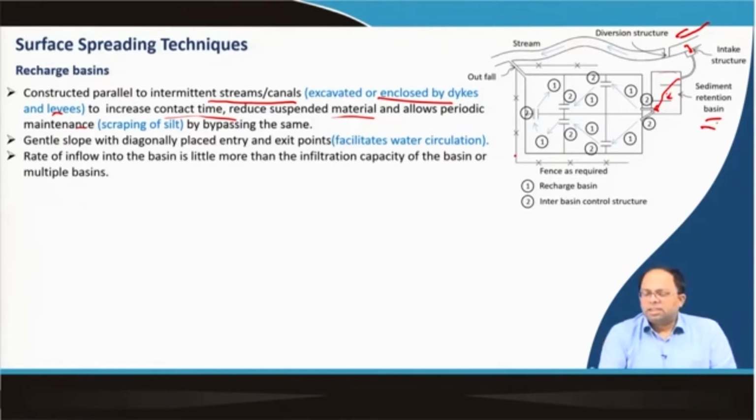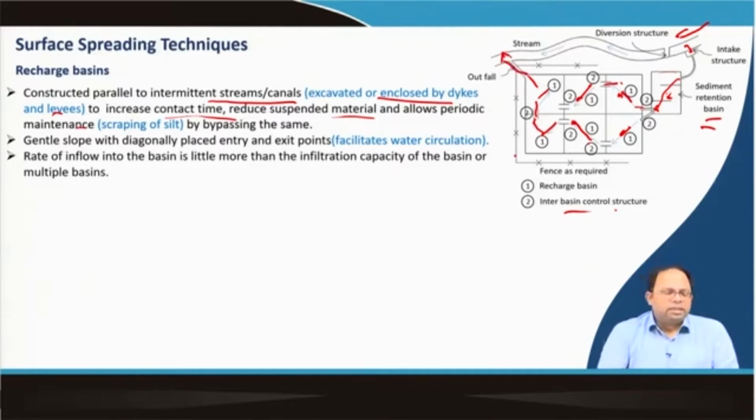So, that is the first thing that we do, and then you see the water entering this recharge basin. Within the recharge basin usually we follow a diagonal movement pattern. Over here the water comes to this side, and then these inter-basin control structures allow water to travel from one basin to another, and from here again diagonally it goes to this side, and eventually it goes out and back into the stream at this point, right.